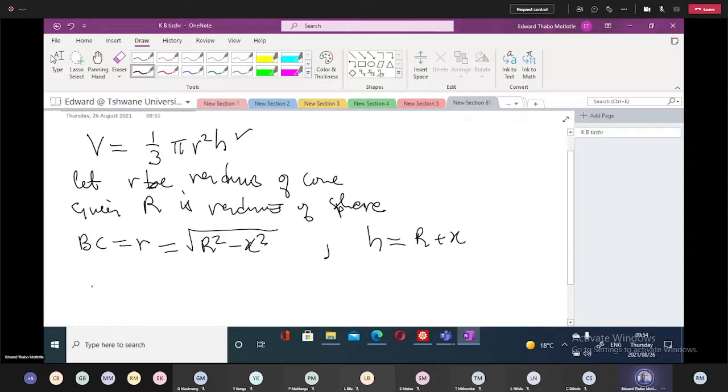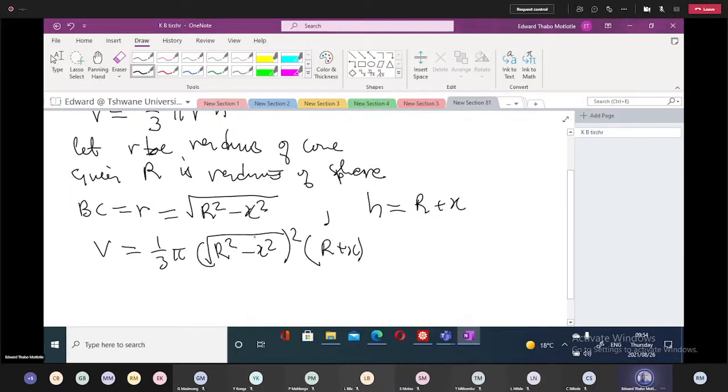So substituting, we have V equals 1 over 3 pi, then we substitute our R squared minus x squared, multiplied by R plus x. You can see that the square root and the squared cancel out. Our equation becomes 1 over 3 pi times R squared minus x squared multiplied by R plus x.